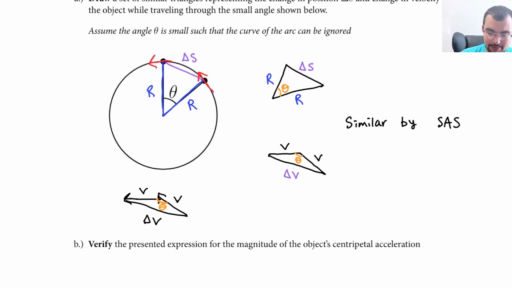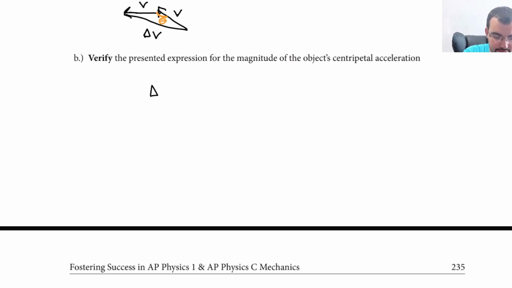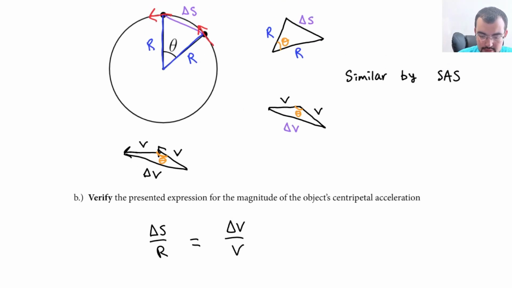So for example, the side across from the angle, delta s, divided by one of the other sides, would be the exact same result as delta v divided by v. Because when we have similar triangles, I can say across from theta divided by adjacent to theta equals across from theta divided by adjacent to theta.